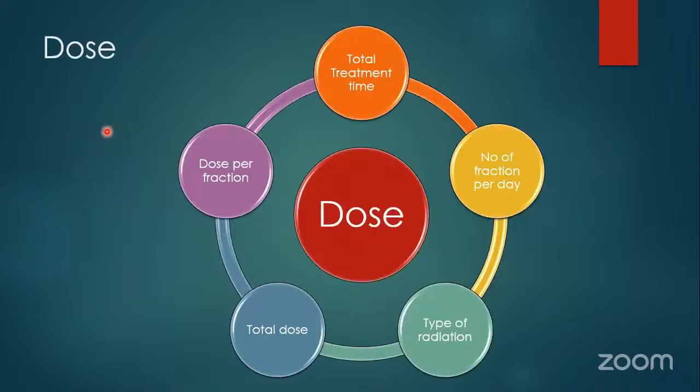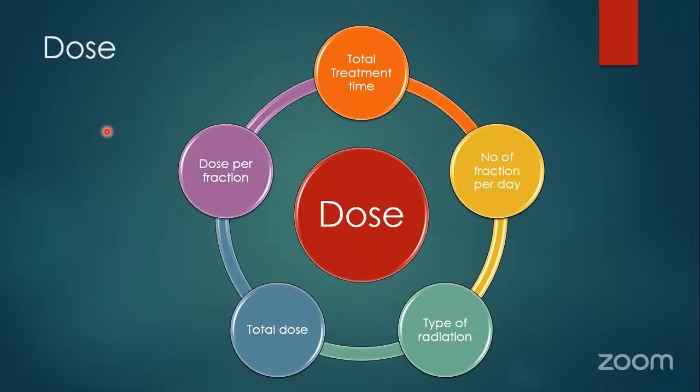Okay. So if you look at the dose of your radiotherapy, there are certain factors that have to be considered when you're going to determine the dose of radiation. First, you have to look at the total treatment time that you're going to administer for the patient. Second thing is how many fractions you're going to give per day. Okay, because we obviously follow fractionation therapy, right?